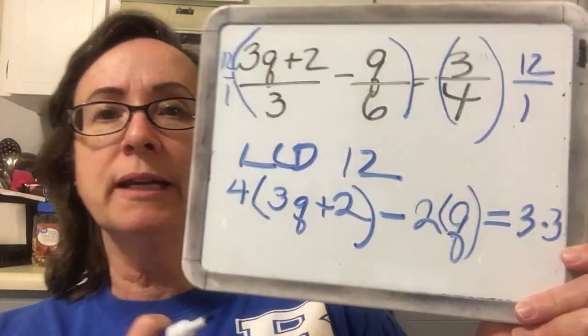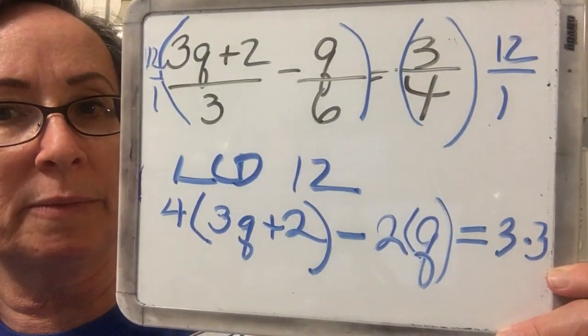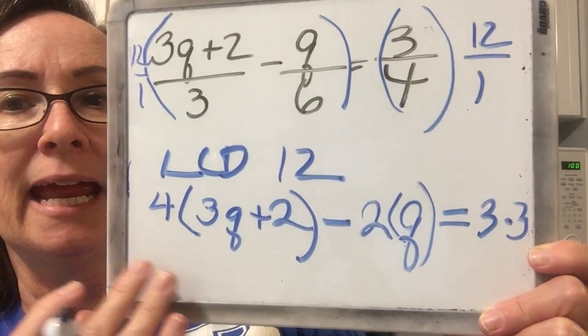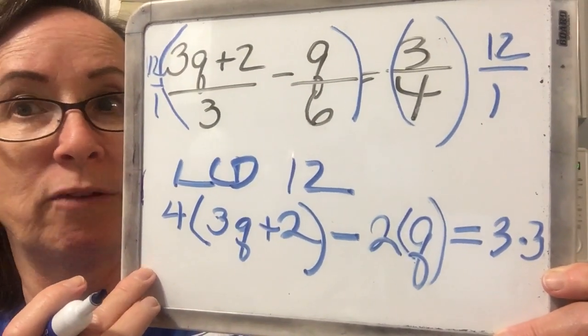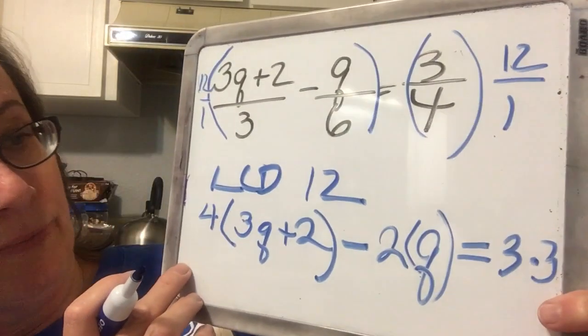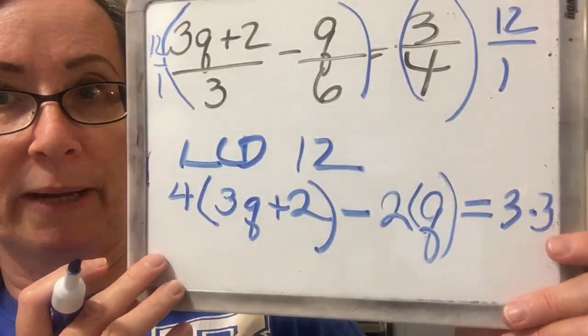Notice the whole purpose behind multiplying through by the least common denominator is that now I no longer have rational expressions at all. I have a regular equation, and this one happens to turn into a linear equation, not a quadratic.